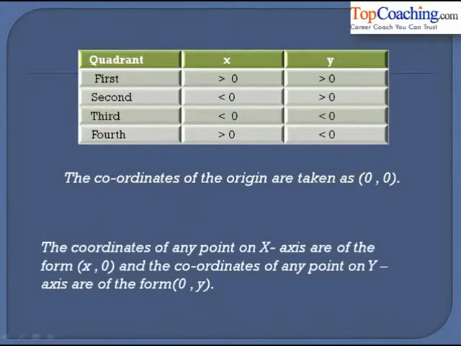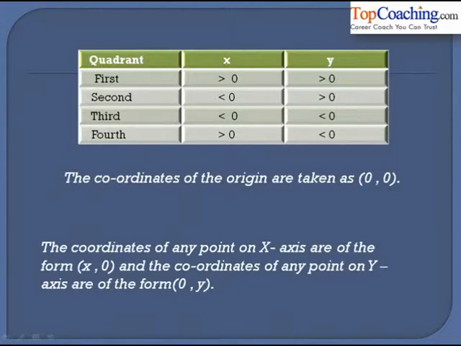Now the coordinates of any point on the x-axis are of the form (x, 0), and the coordinates of any point on the y-axis are of the form (0, y). Now why is it so? If we consider any point on the x-axis, then definitely the y-coordinate has got to be 0. So the ordinate of that point is equal to 0, and thus the coordinates of that point would be (x, 0).